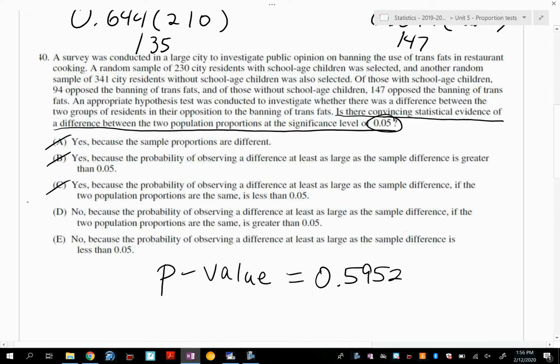So when you read E, it says no because the probability of observing, that's the p-value, is less than 0.05. That's incorrect. It's because it's greater than 0.05. So at least you would have gotten to 50-50 if you understood that we're failing to reject.